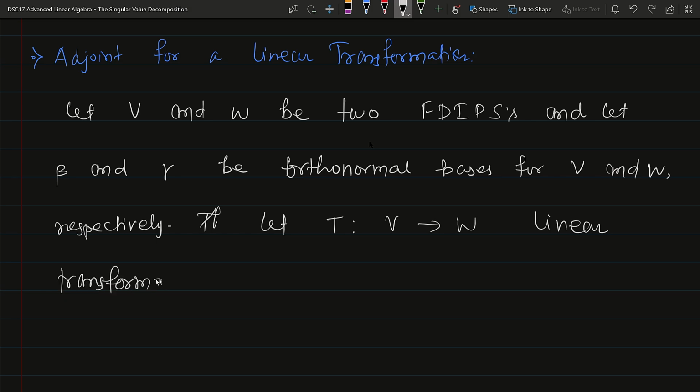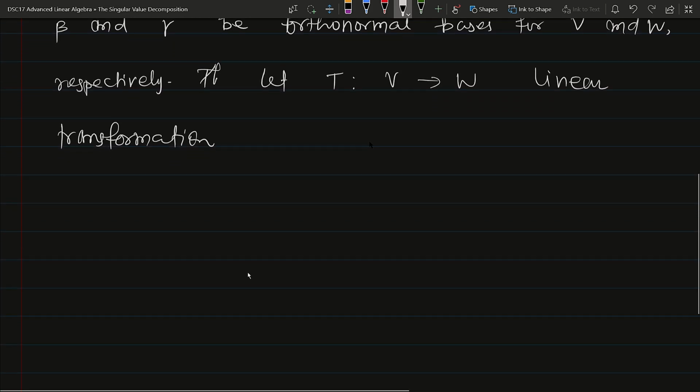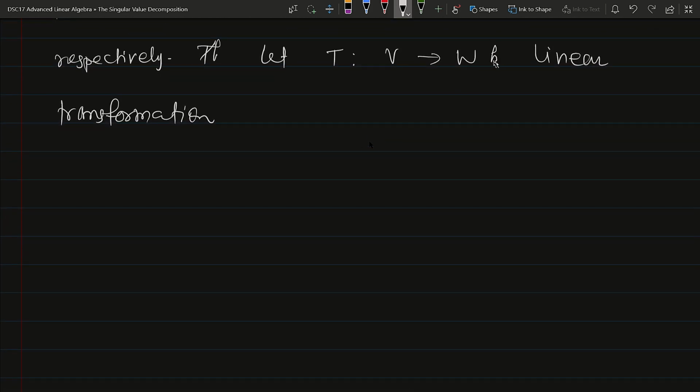Now for this transformation we are going to define the adjoint. Okay, be a linear transformation.